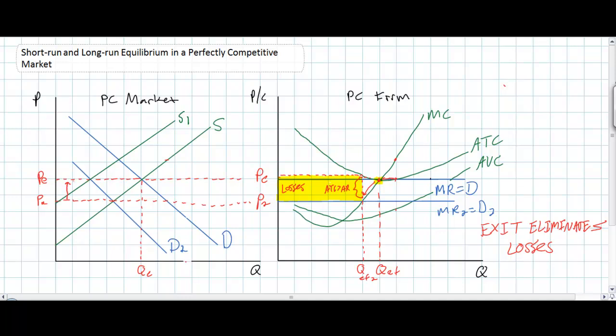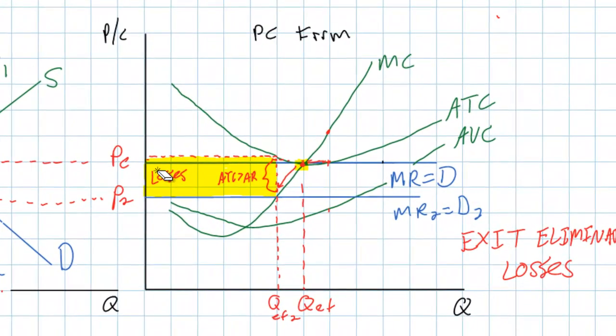Now, what does that mean for the firms that stuck it out? The firms that decided not to exit, those firms that stuck it out will see these losses predictably eliminated. As some firms exit the market, price will rise, and the demand for the remaining firm's product will return to its original level.